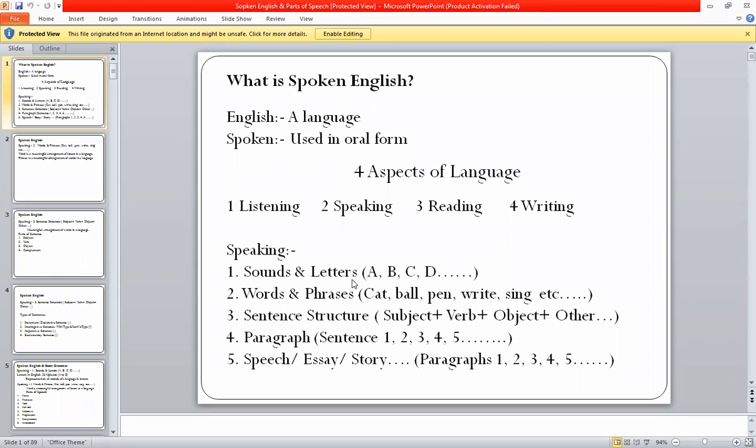So there is some difference between alphabets and sounds.